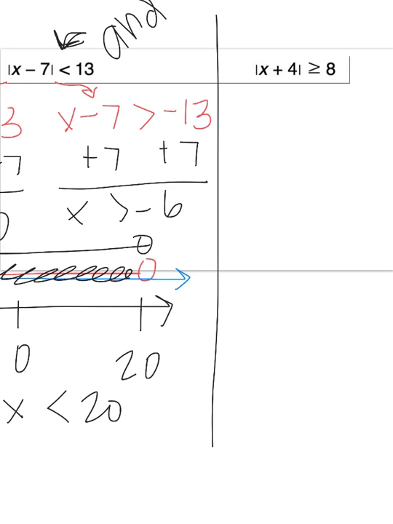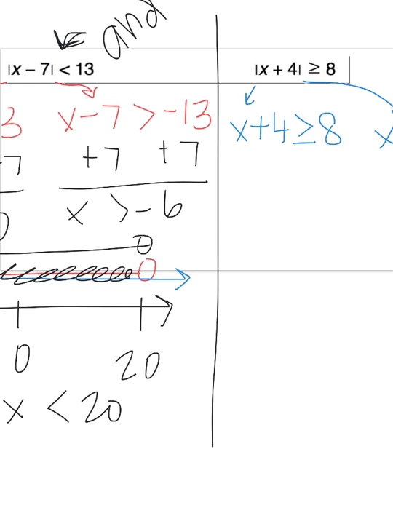So let's go ahead and try this second one. I have the absolute value of x plus 4 is greater than or equal to 8. So I'm going to make my two inequalities. I'm going to have x plus 4 is greater than or equal to 8. And my second one, x plus 4 is less than or equal to negative 8.